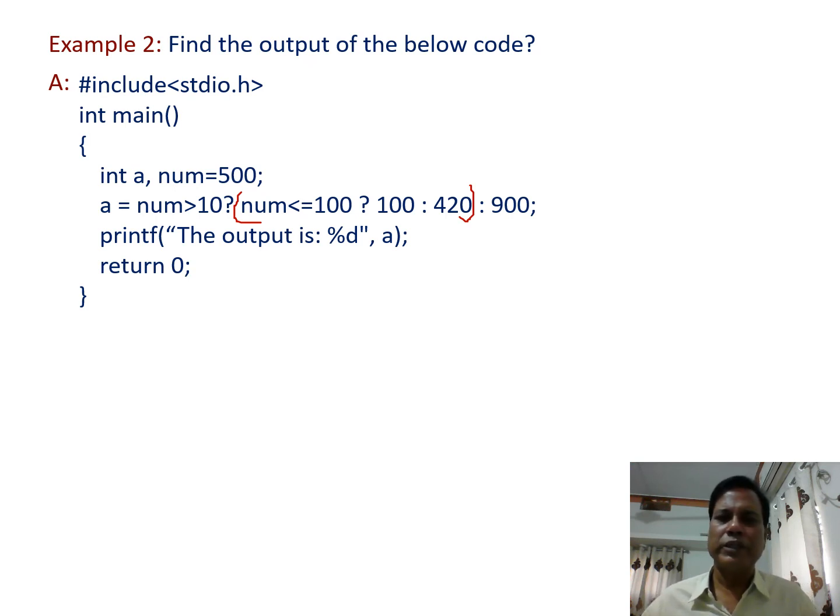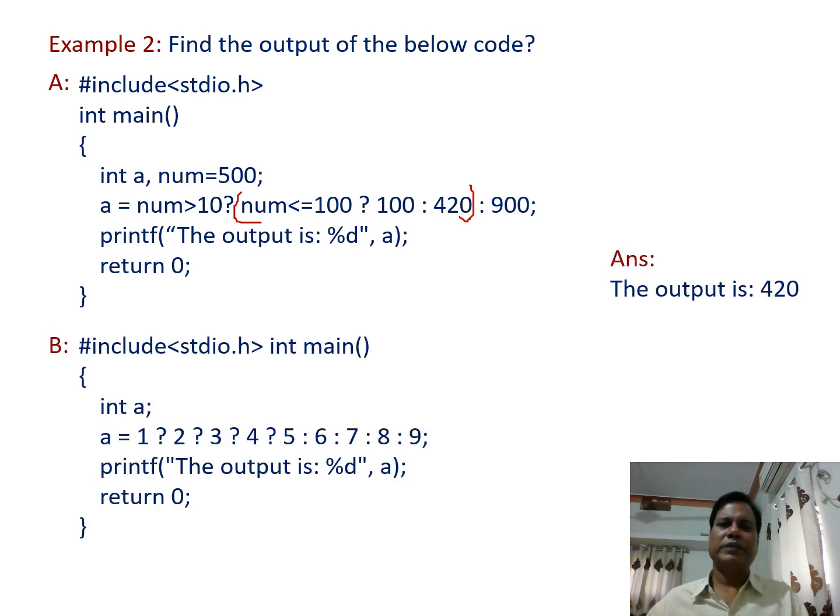So when it is false, we have to take the false part of the conditional operator, that is after the colon. After the colon it is 420. So this 420 is assigned to the variable a, and when we print this value using the print statement, the output is colon 420.